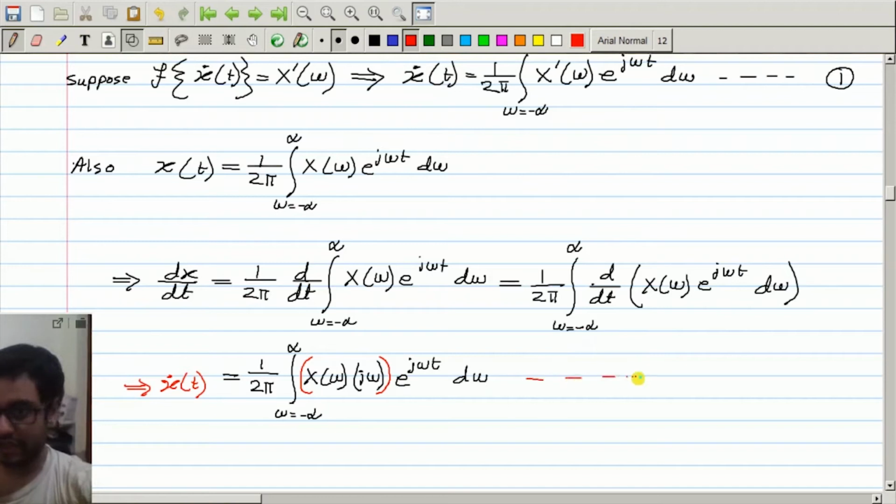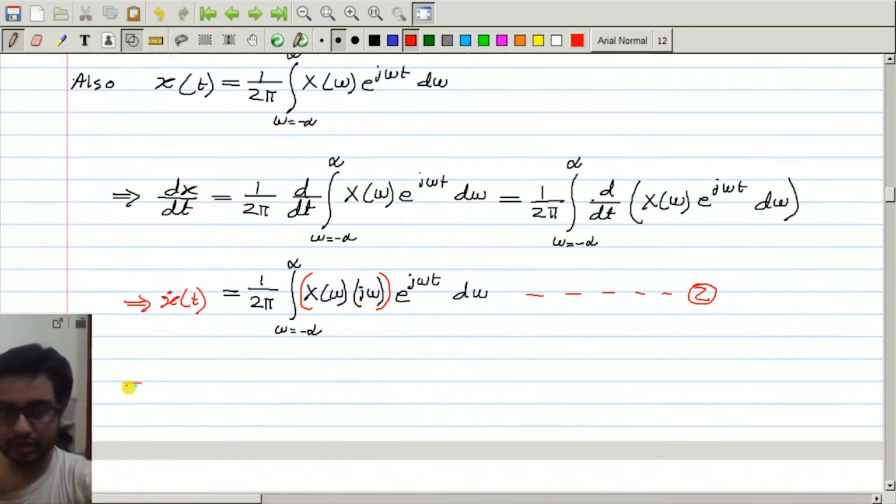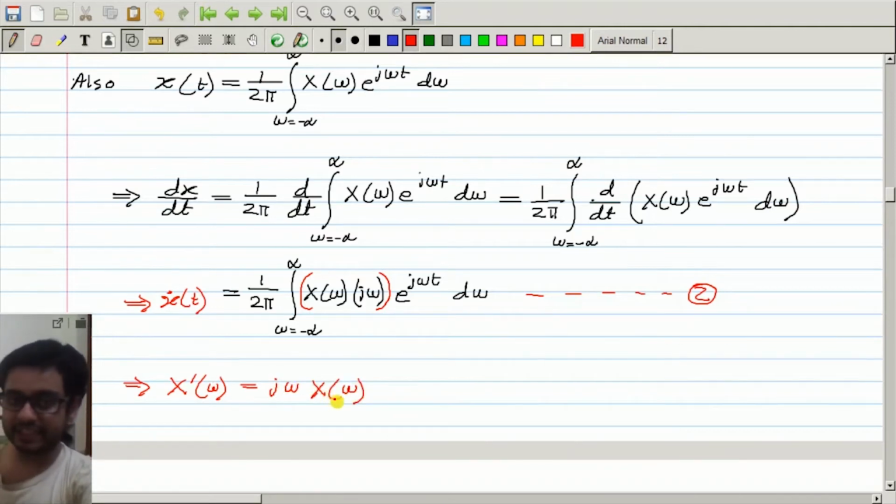Okay, if you call this equation number 2, comparing equation 1 and 2, look at the right hand side, everything is similar. So X prime here must be equal to this term inside the bracket. So we have X prime omega is this thing inside the bracket, which is j omega X of omega, and that is the proof.